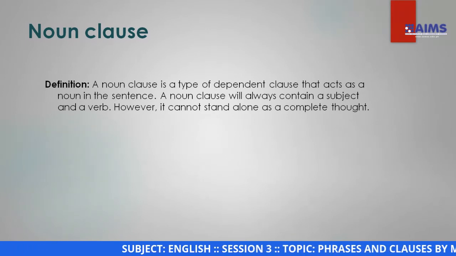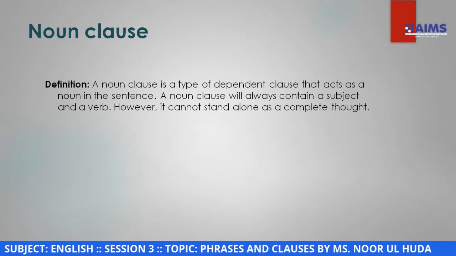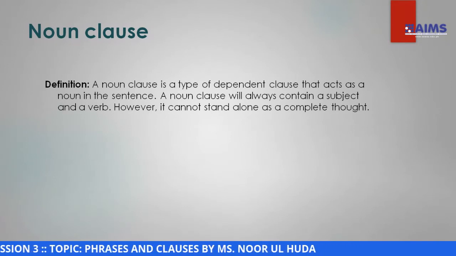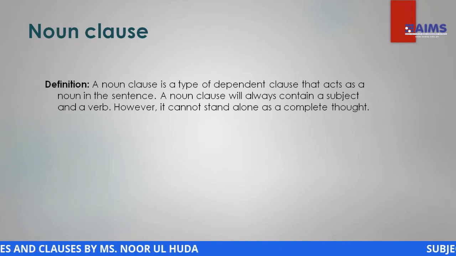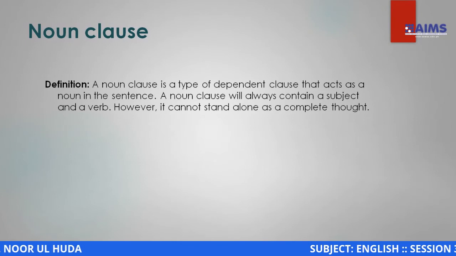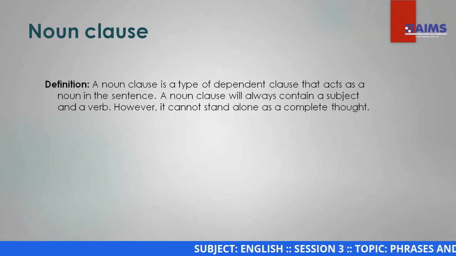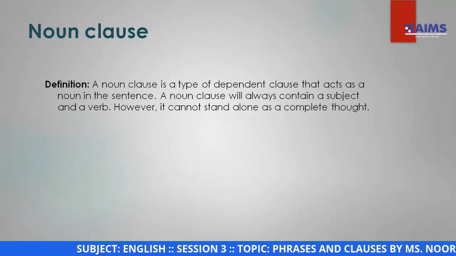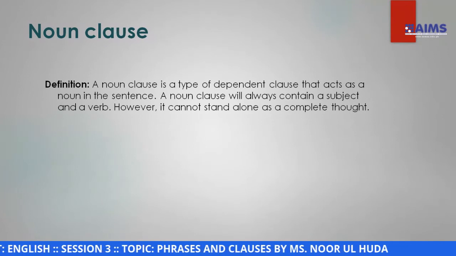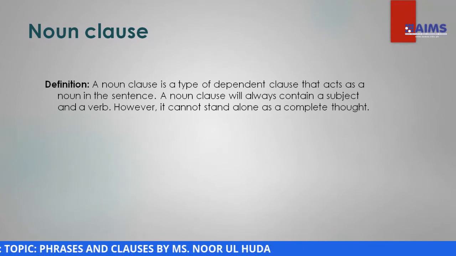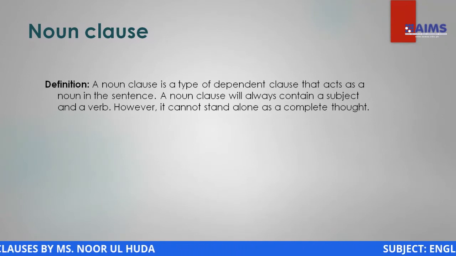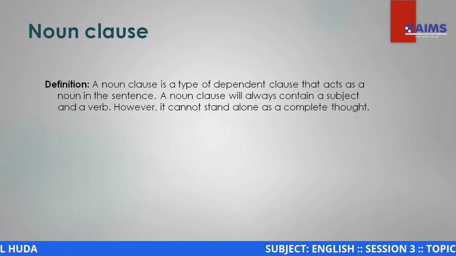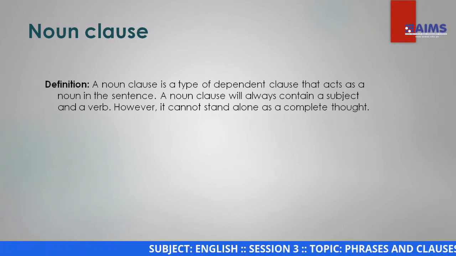We talked earlier about phrases, and we said that a phrase can be a noun phrase because it gives additional information about a noun. But what is the difference between a noun phrase and a noun clause? A noun clause also has at least a verb and a subject.